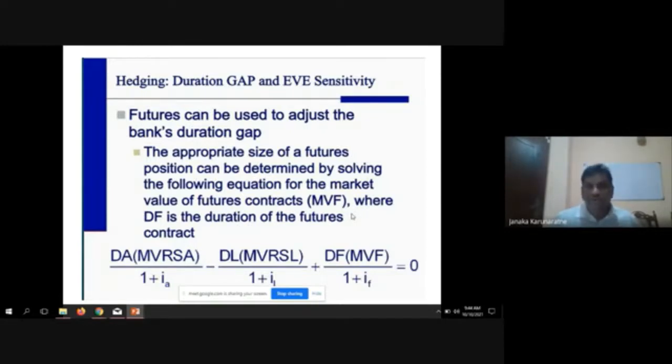If you want to fully hedge, you can compute this and identify the number of contracts, because you can compute the market value of futures contract.